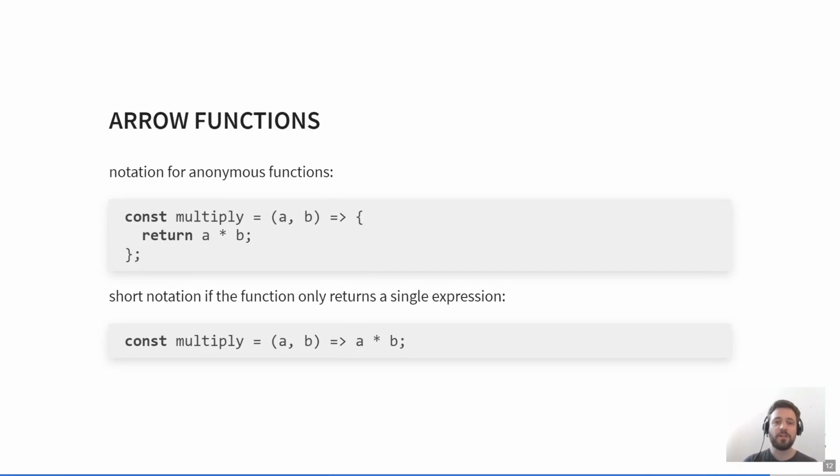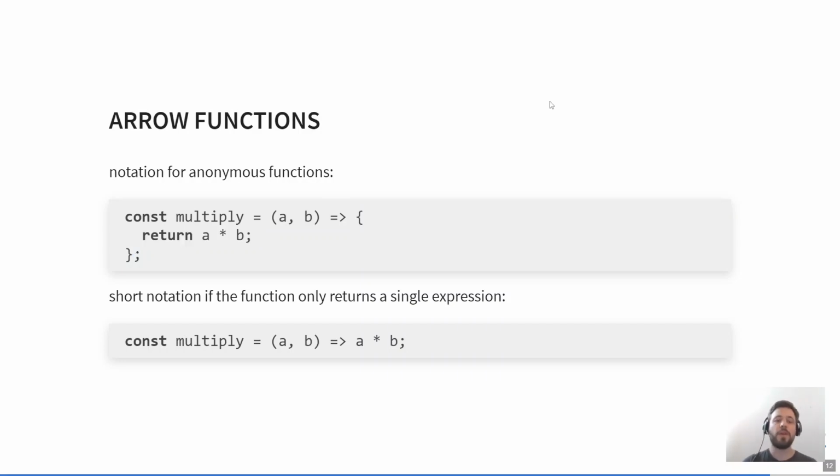As we've already seen in the picture slideshow example, we can write anonymous functions as so-called arrow functions. To declare such functions, we begin with the parameter list in brackets, then we write an arrow, and then we can write the function body inside of curly braces.